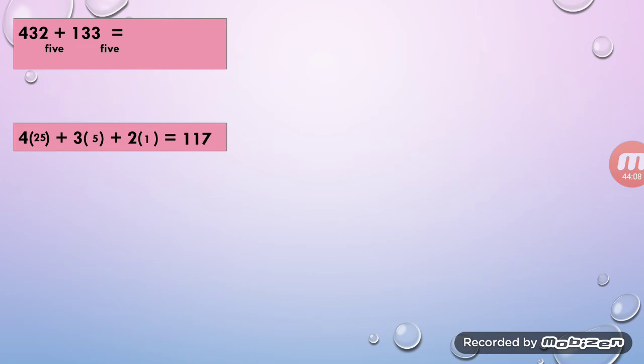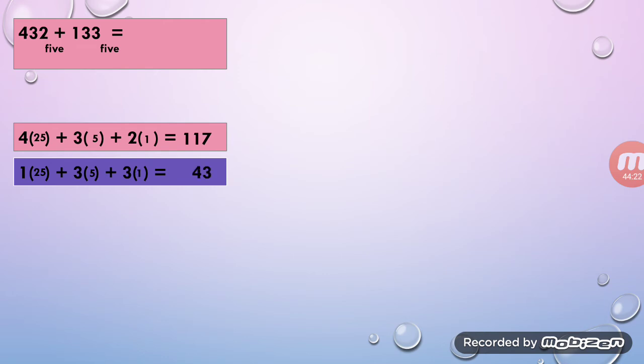And then once we have our answer, which is 117, we're going to do the same thing with 133. So 1 times 25 plus 3 times 5 plus 3 times 1 equals 43, which gives us our grand total of 160.